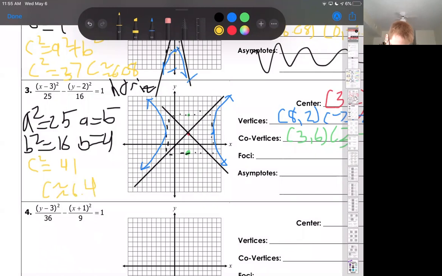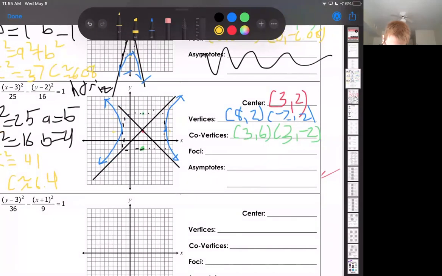Since this is horizontal, you would go 6.4 to the right, 6.4 to the left. Since our a was 5, that would mean you're just going to go over an extra 1.4 to the right and an extra 1.4 to the left, or you could just count 6.4 to the right and left of the center.